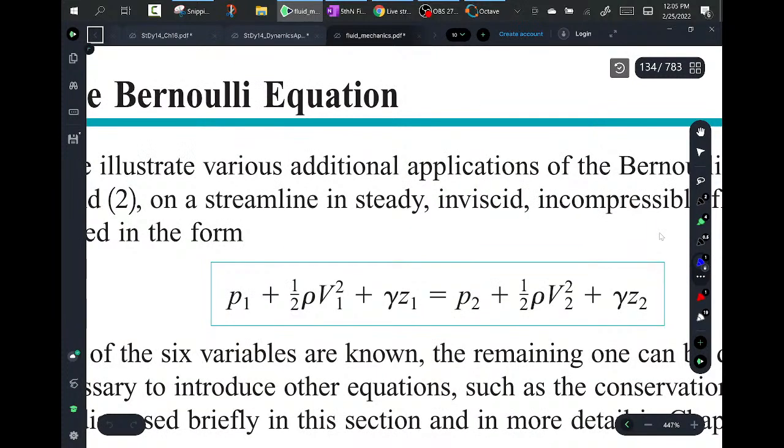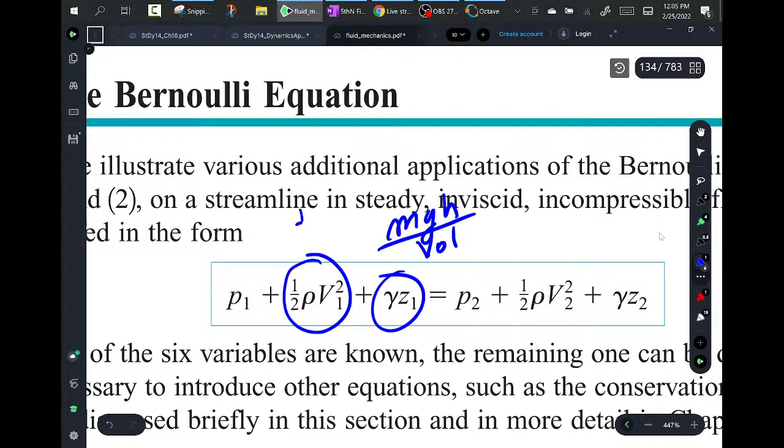It's basically nothing more than the kinetic energy, the potential energy, mgh per unit volume, 1/2 mv squared per unit volume, and actually F dotted with some distance x per unit volume.